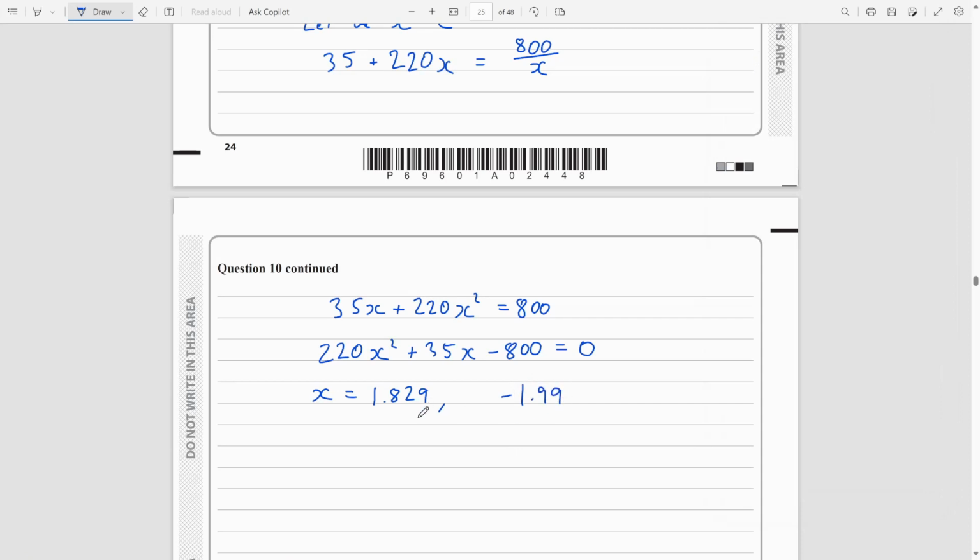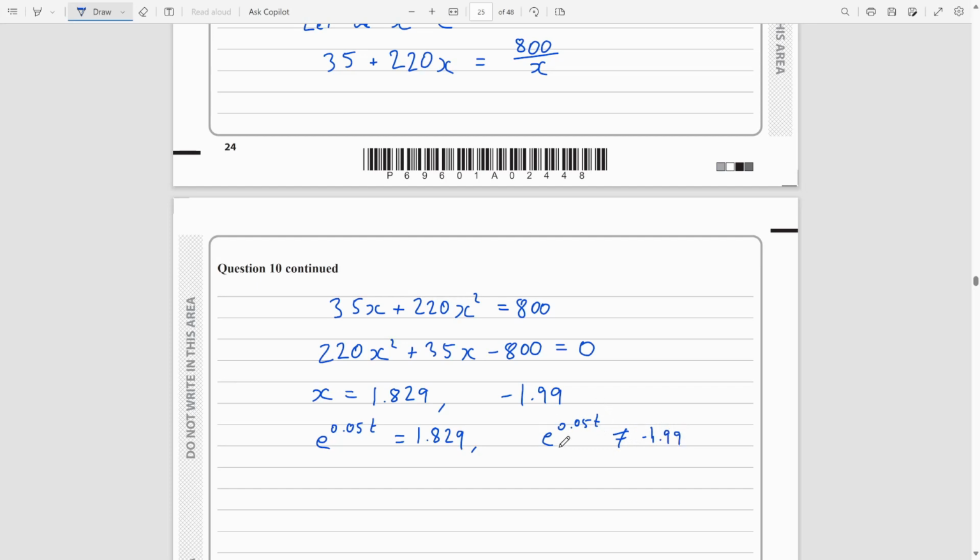Okay, now bear in mind what x was. x was actually e to the 0.05t. e to the 0.05t could be 1.829, but e to the 0.05t could not be minus 1.99.